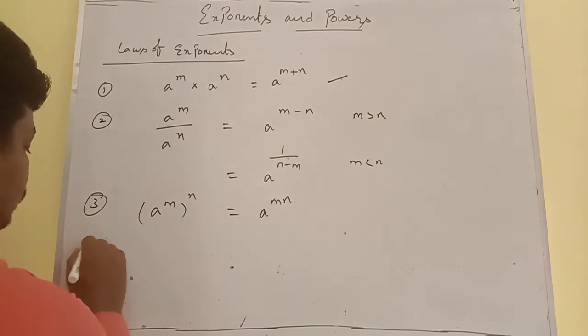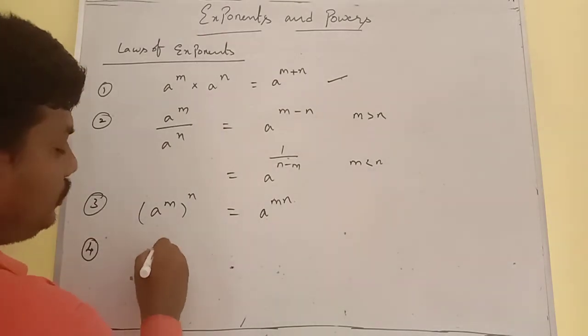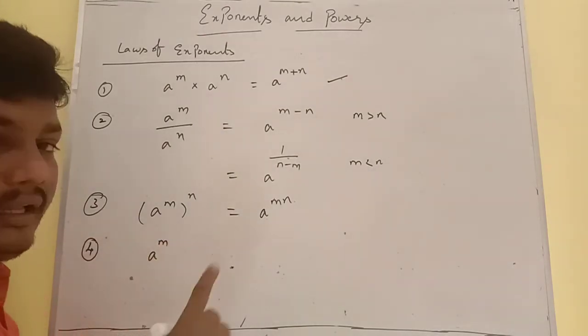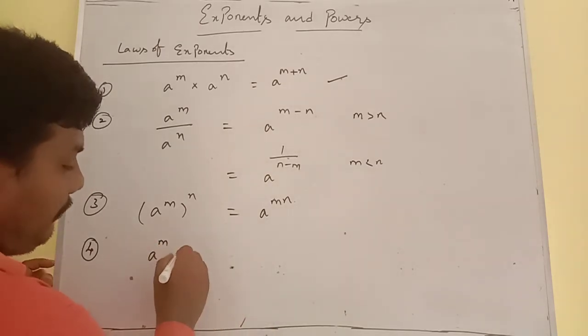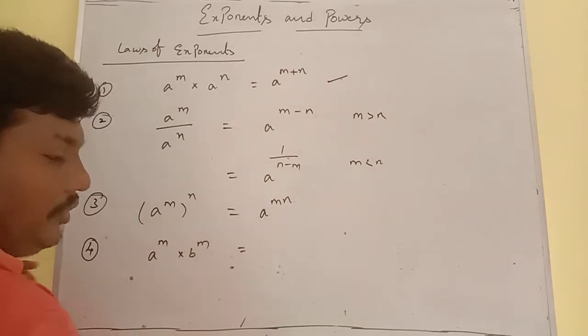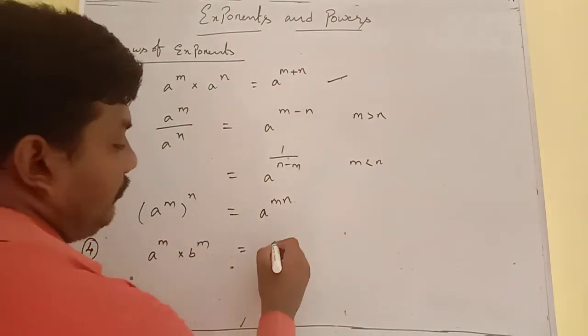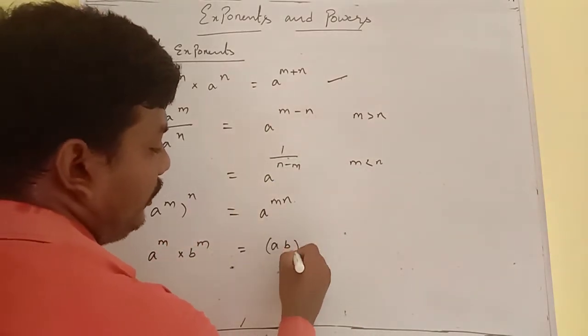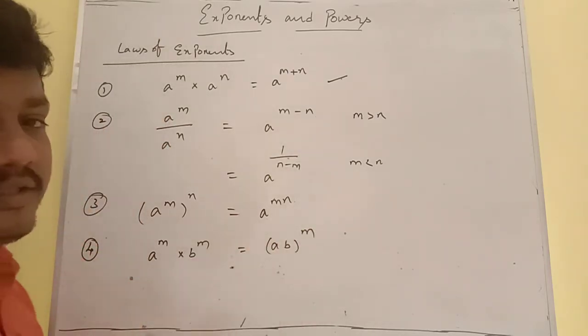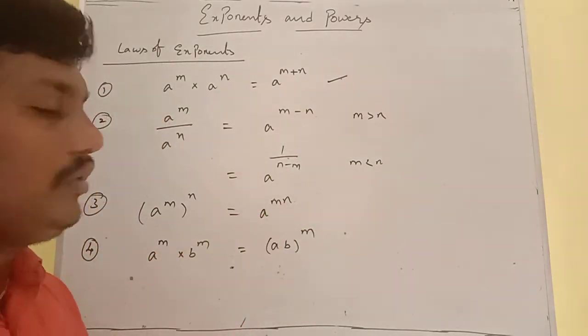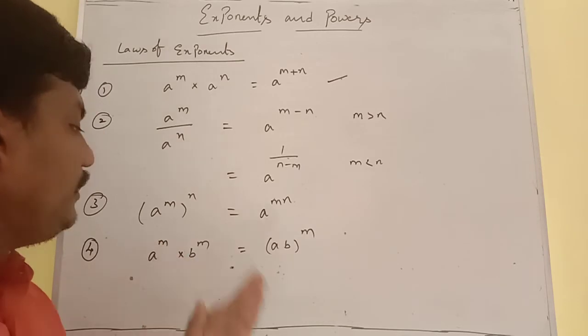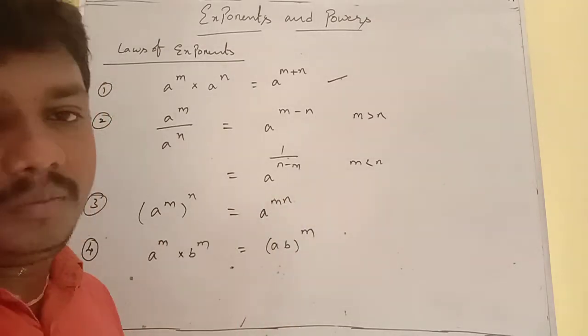Next, coming to the fourth one. If you have two different bases with the same exponent, a power m into b power m, we make the exponent common. We write this as ab whole to the power of m. So a power m into b power m can be written as ab whole to the power of m.